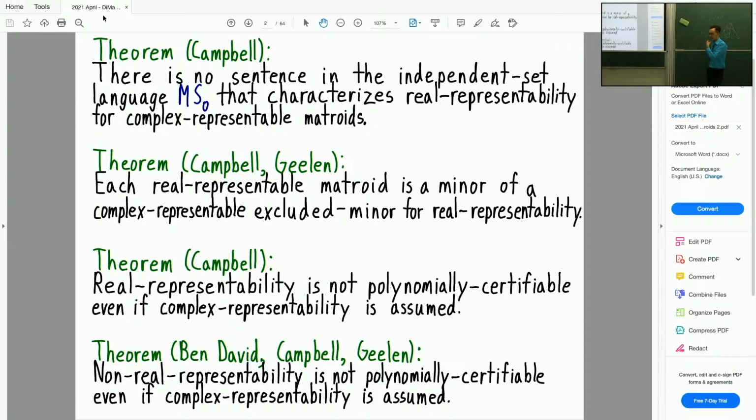I guess, probably with a circuit oracle, this circuit hyperrelaxation is a good tool for foiling the algorithm, right? Suppose you have an algorithm to decide real-representability.